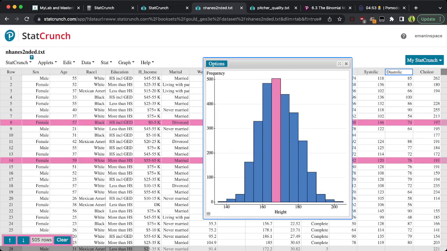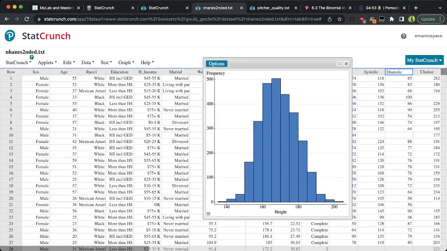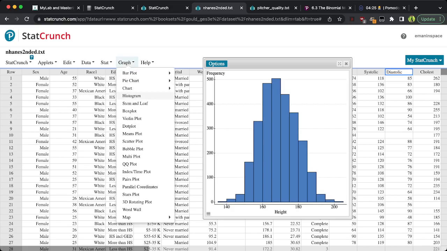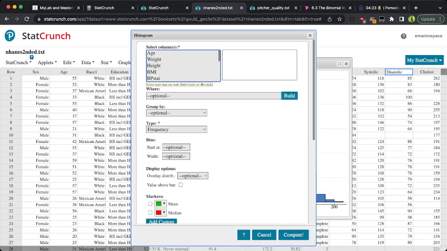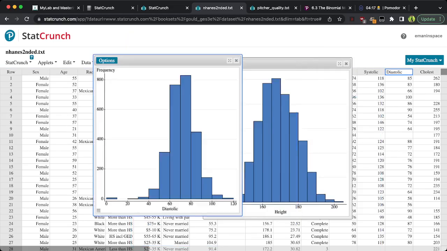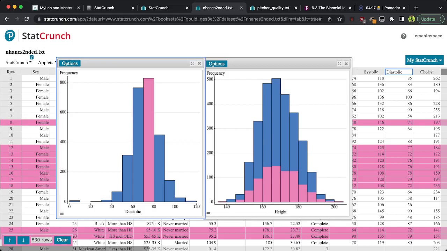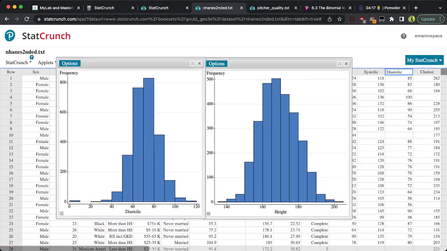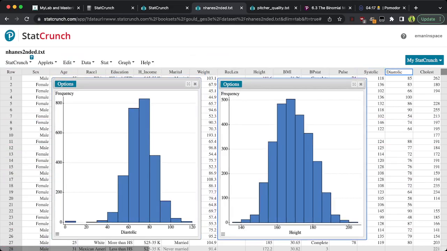And then we're also going to look at diastolic blood pressure. And you get a similar sort of shape. A high point right here at between 70 and 80, and discounting those outliers, it's actually pretty symmetric. So looking at these two graphs, there are some similarities. They're both unimodal, they're both roughly symmetric, and I guess we can look at one more.